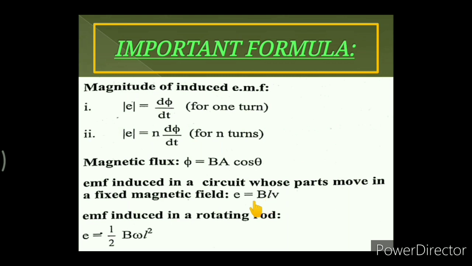Then we had seen the EMF induced in a rotating rod also, which is given as E is equal to half B omega L square, where B is the uniform magnetic induction, L is the length of the conductor, and omega is the angular velocity of the rotating rod in the magnetic field.